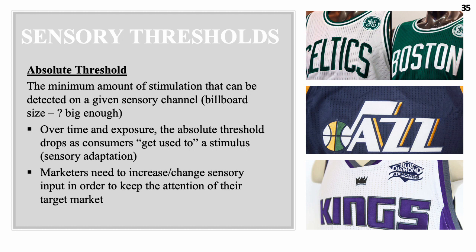For those of you who don't, the NBA started allowing companies to put their logos on jerseys. And so you can see, for the Boston Celtics, GE started putting their logo on their jerseys. For the Kings, Blue Diamond Almond started putting their logo on jerseys.